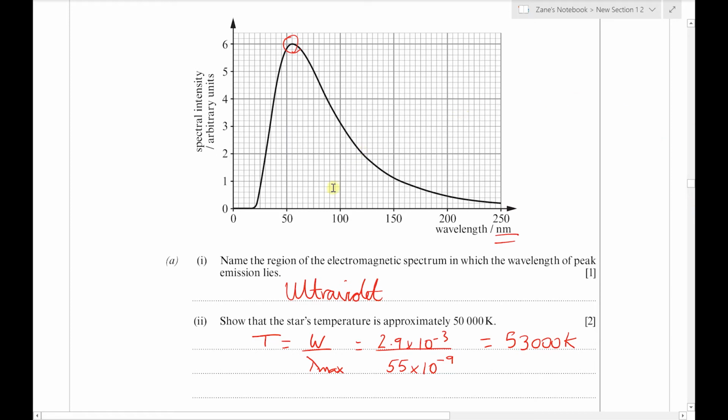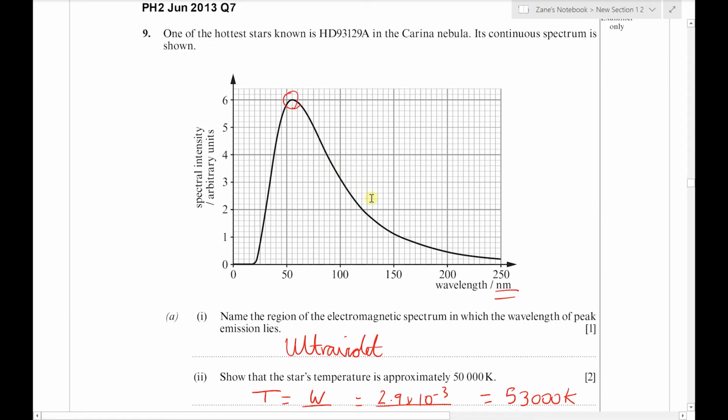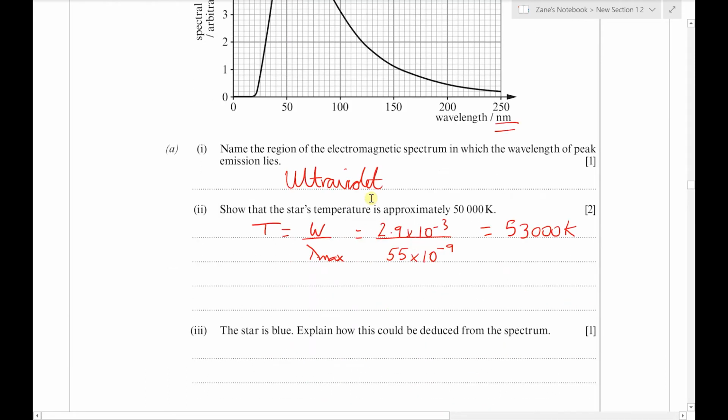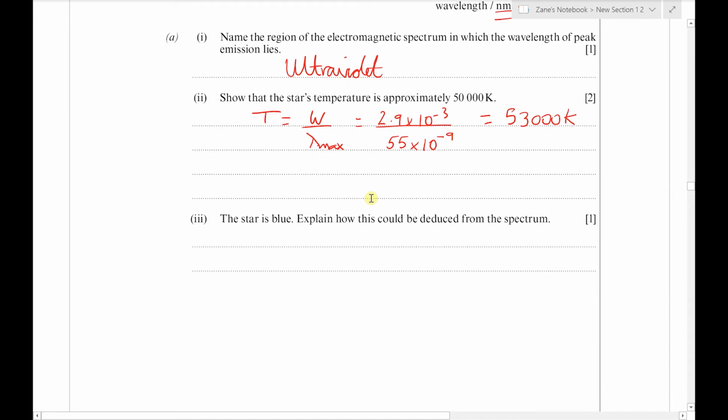And we can also explain the answer in terms of the fact that the peak is at lower than the blue end of the spectrum, or it's to the left of the blue end of the spectrum. So let's put it that way. I'm going to put here 400 nanometers just for reference.